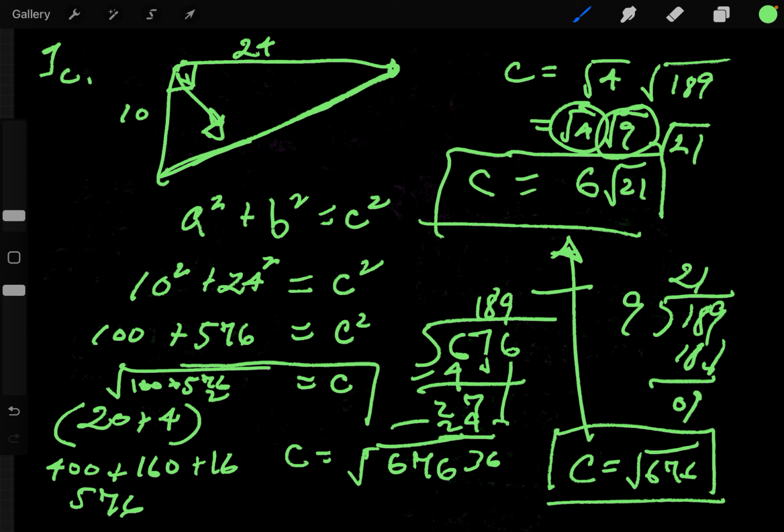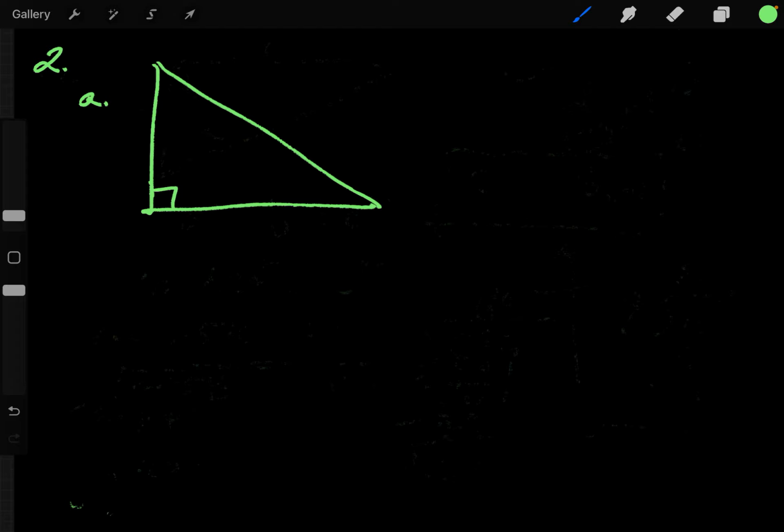Now, let's do the next type of problem where we got to know how to do the algebra, and that's what's key here. So number 2a, right? If I have, let's say, a triangle, and then I say that they're in some configuration.